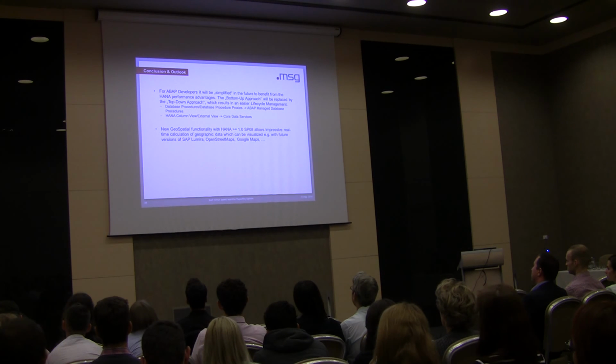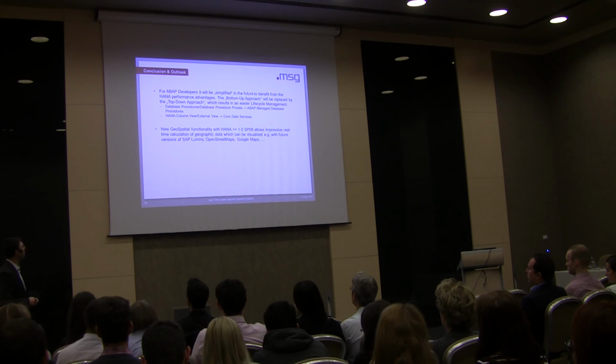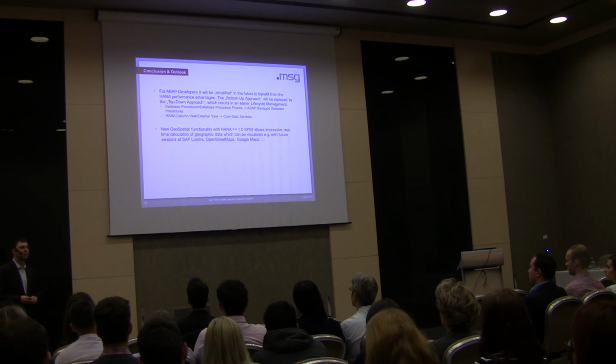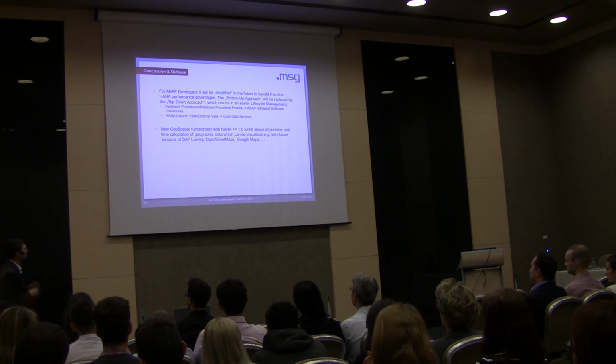A great point, now released with SAP HANA Service Pack 8, is the new geospatial functionalities. I think you know some things about geospatial with the different types, ST geometry, line points, line strings, and so on, which are available. That is now integrated into SAP HANA.